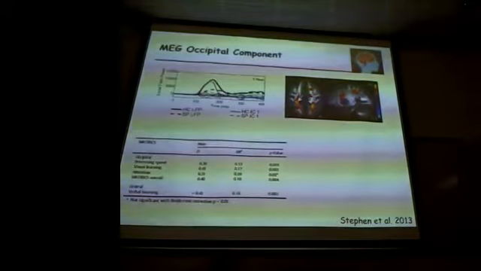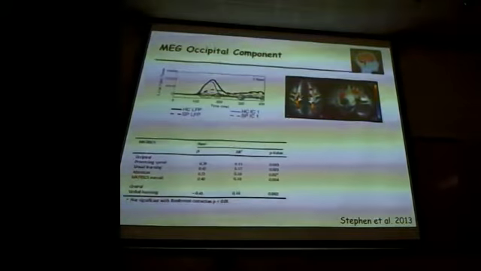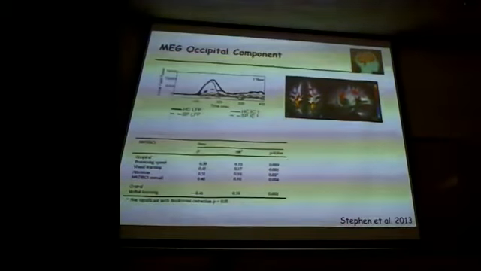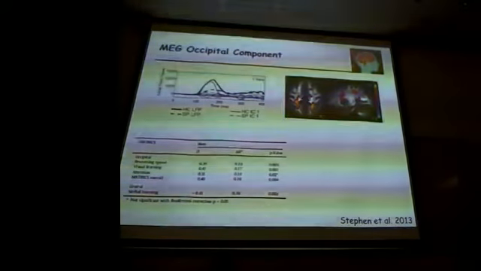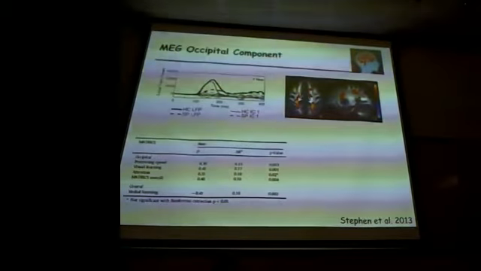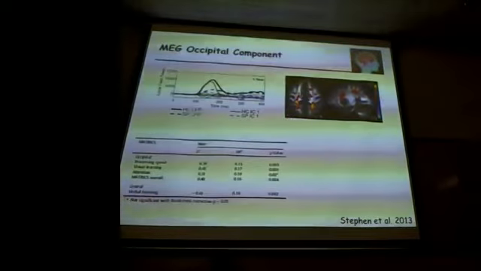So the MEG component was associated with, so the healthy controls are the solid lines here, and the patients are the dashed lines. And so you see this very striking difference in amplitude in the MEG component, and this was in visual cortex. And this difference in the MEG was associated with differences in FA, the superior longitudinal fasciculus.